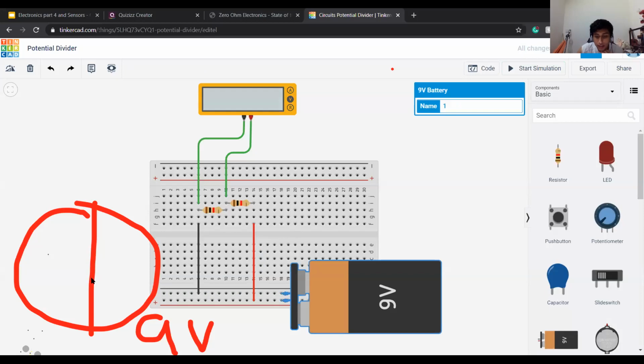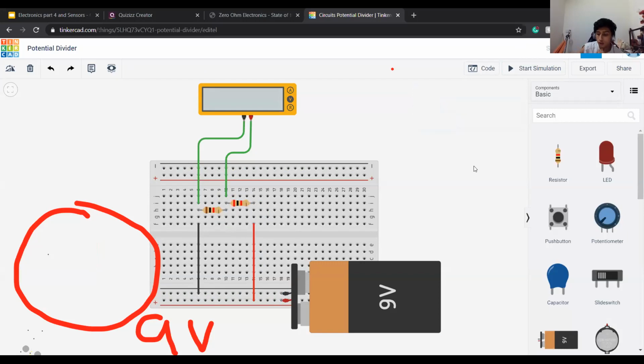Now, our input pizza is again 9 volts, but one of our resistances is 1 k ohm, and the other one is 2 k ohms. So what is the sum? What's 1 plus 2? 3k, right?